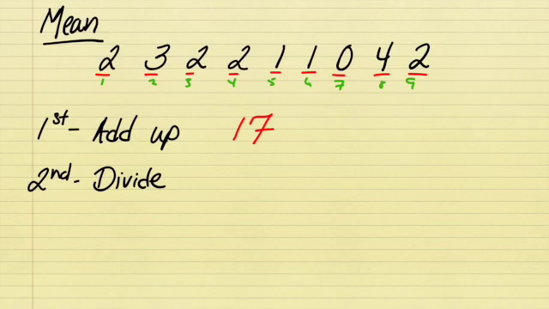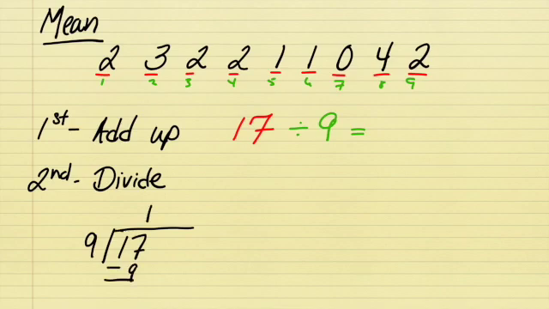So I need to do 17 divided by 9. All right, you could use your calculator, but this really isn't that terrible, so I'm going to do some side work. 17 divided by 9. Well, 9 goes into 17 once, actually. 17 minus 9 is 8.